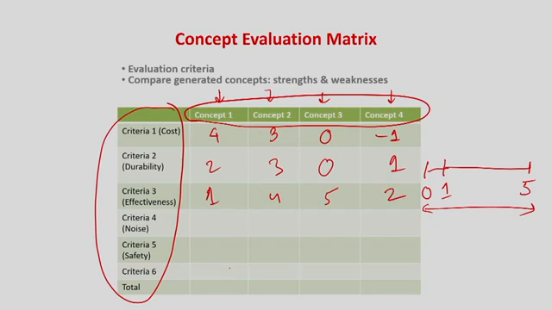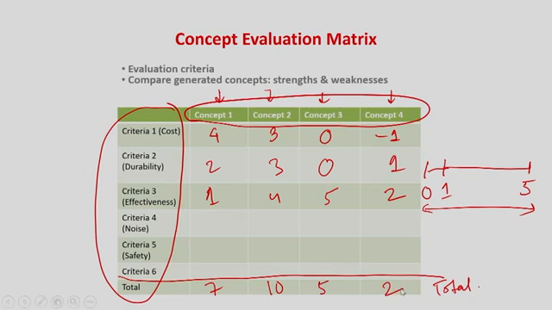Once you put these marks, calculate the total marks. For example, if there are only 3 criteria and we have 4 concepts here, if you sum all these values up, the total is 7 here, here it is 10, here it is 5, here it is 2.